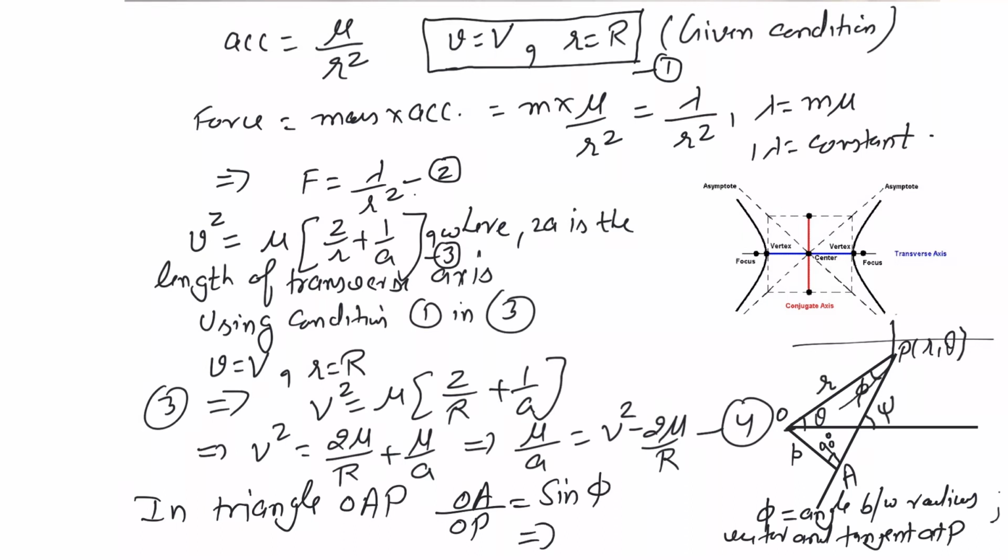This implies that OA is p and OP is r, so p by r is equal to sine phi.